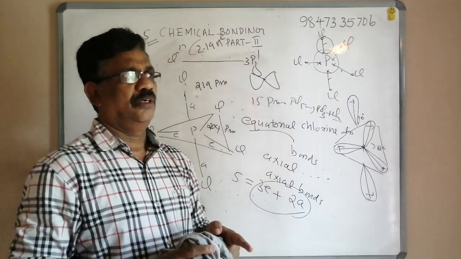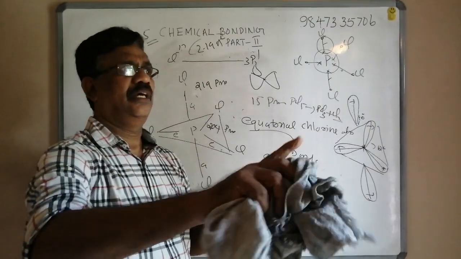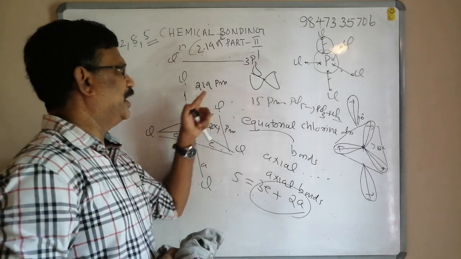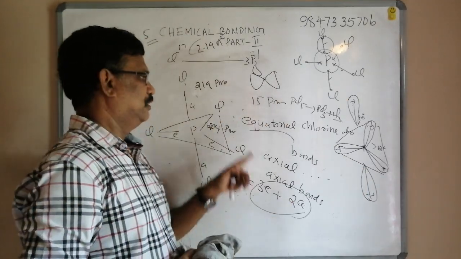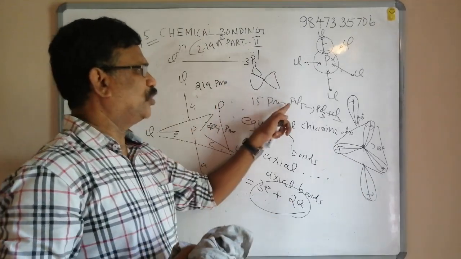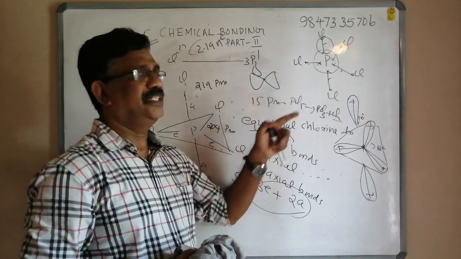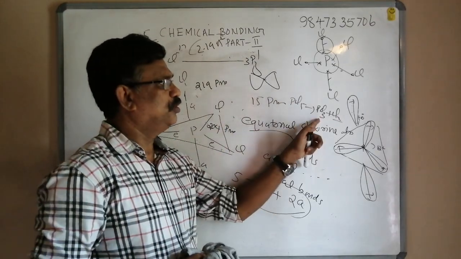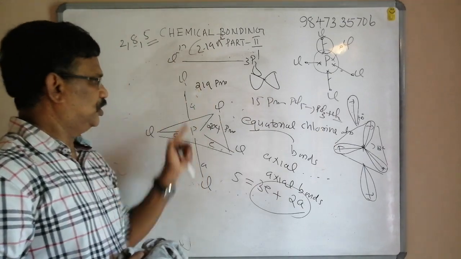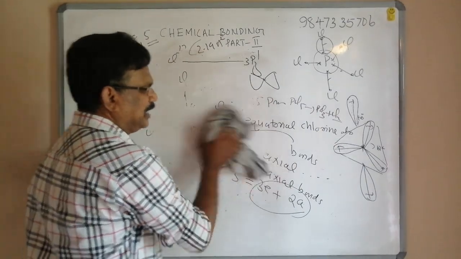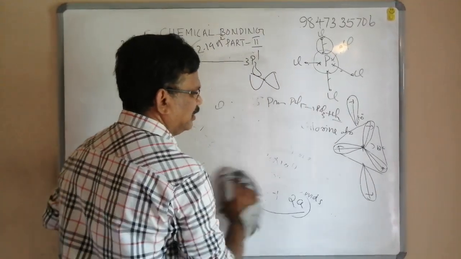But experiment shows two bonds are longer than the other three by 15 picometer. So experimentally PCl5 is unstable; it decomposes into PCl3 and Cl2, these two chlorine atoms. Two reasons we can explain in a simple way.